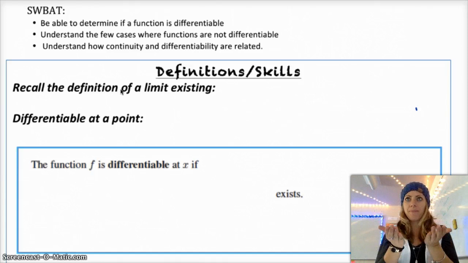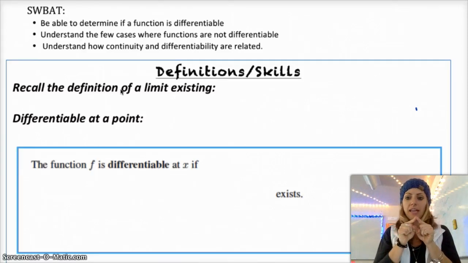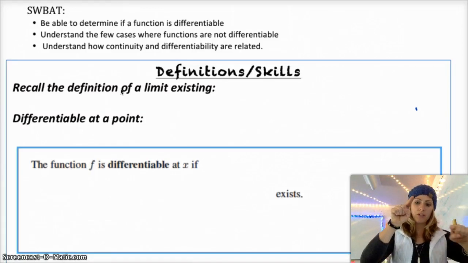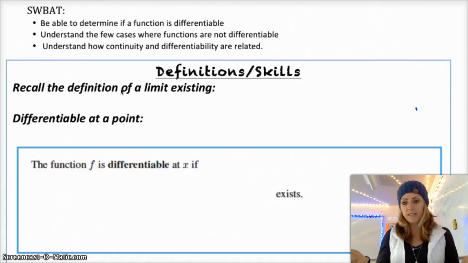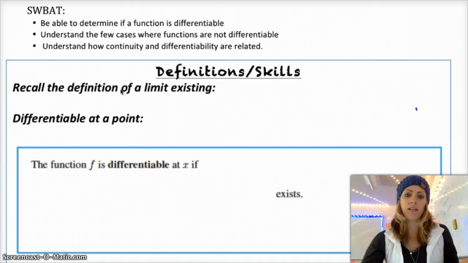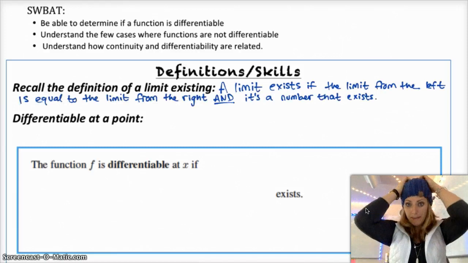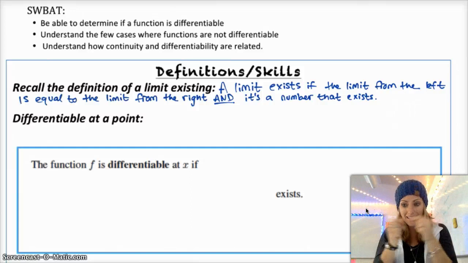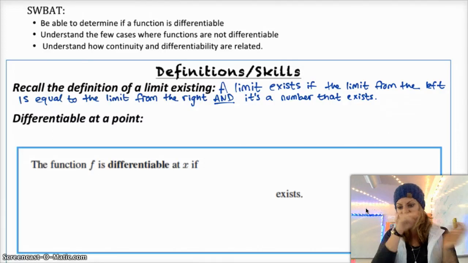The function is approaching the same value from both the left and the right hand side. If on the other hand the function is approaching two different values from the left and the right, then the limit does not exist. Again, a limit exists if the limit from the left is equal to the limit from the right, and that number they both approach is not infinity, because then it also doesn't exist.